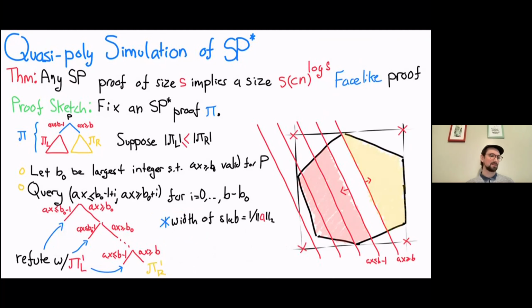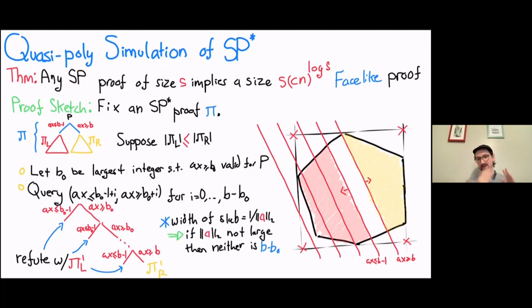So there's a dependence on coefficient size. Well, why is this? So the slab, the area that is ruled out between two queries, has a width that depends on the magnitude of A. In fact, it's 1 over the 2 norm of A. So what does this mean?